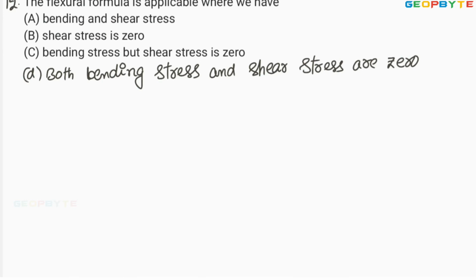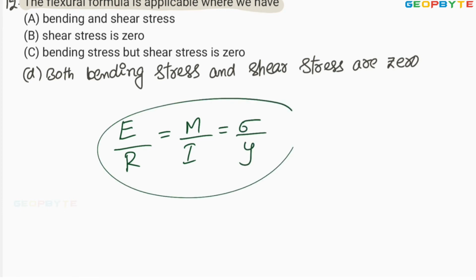Look at the problem. The flexural formula is applicable where... The flexural formula, the bending equation, E by R equal to M by I equal to sigma by Y. This is the bending equation, which can also be called the flexural formula. Option A, bending stress and shear stress.